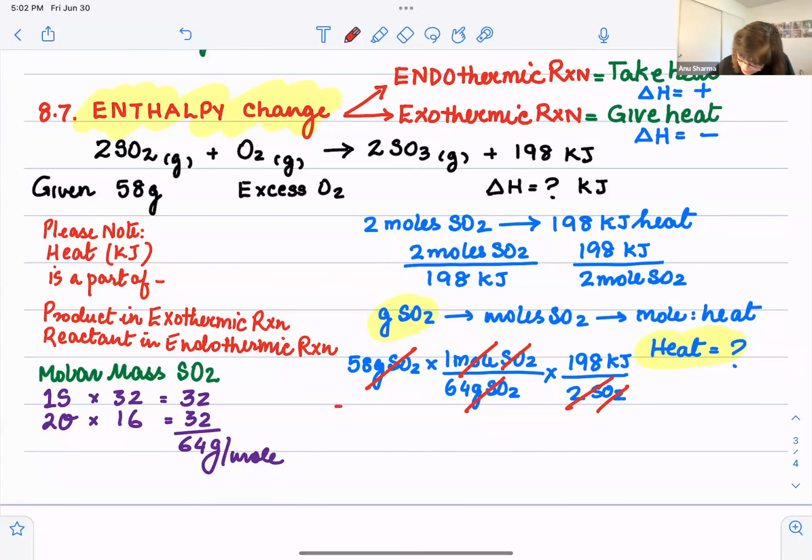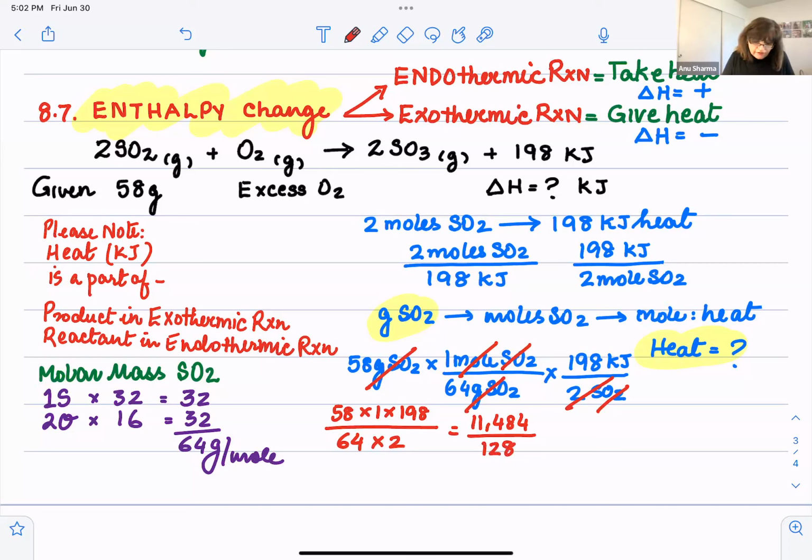And you're just left with 58 times 1 times 198 divided by 64 times 2. So what do you get here? 58 times 1 times 198 is equal to 11,484. Divide that by 64 times 2, and 64 times 2 is equal to 128.